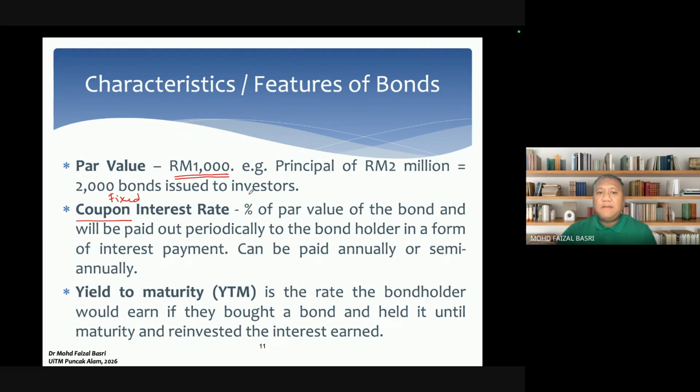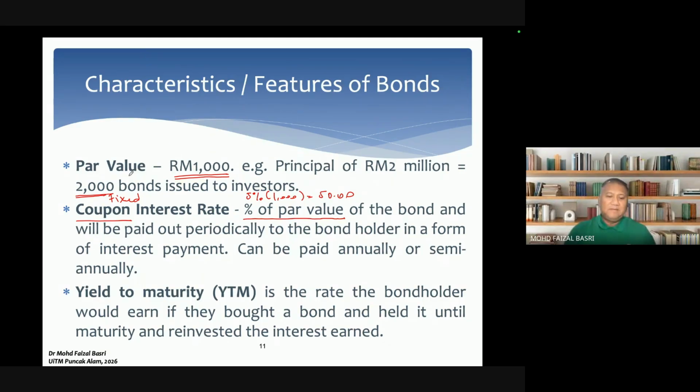If it is 5%, for example, this percentage is based on the par value, so 5% of RM1,000. Multiply by 1,000, the coupon would be RM50 per unit. Per unit. So if the principal is 2 million ringgit, it will be 2,000 units of bonds. So if one unit is RM50, multiply by 2,000 units.